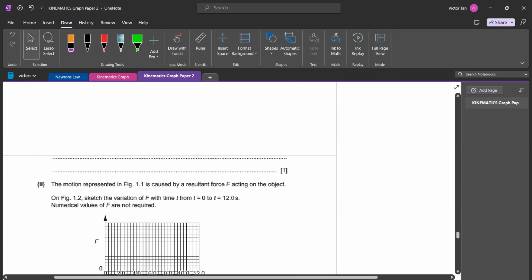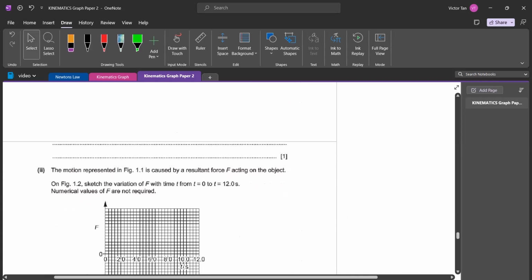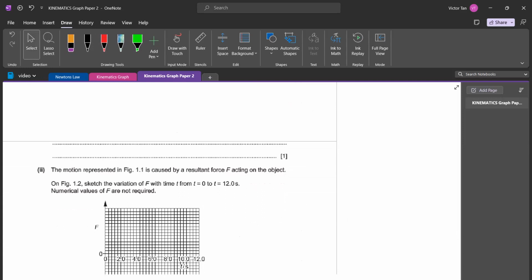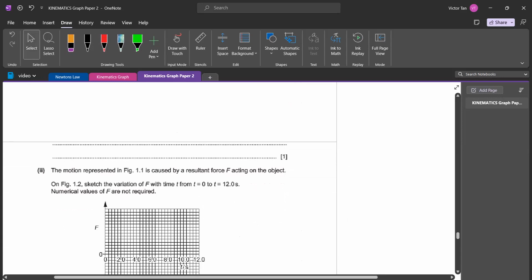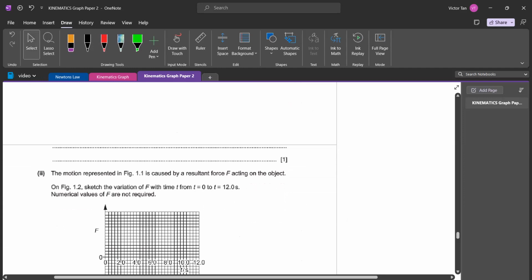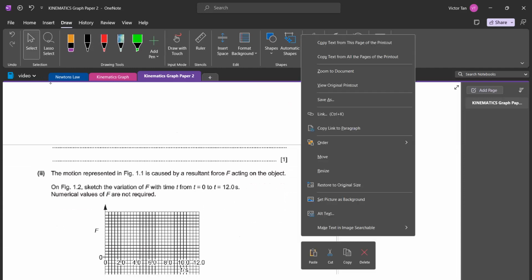The motion represented in figure 1.1 is caused by a resultant force F acting on the object. On figure 1.2, sketch the variation of F with time t from t equals 0 to t equals 12 seconds. Numerical values of F are not required.